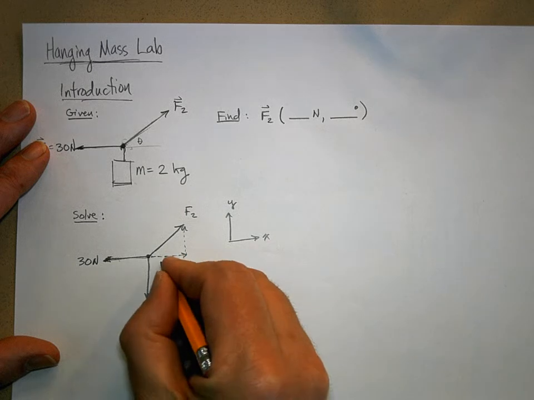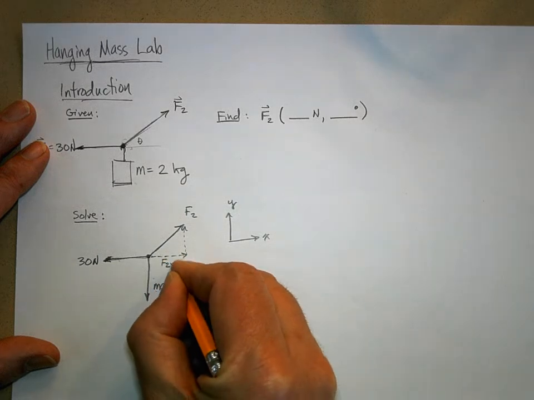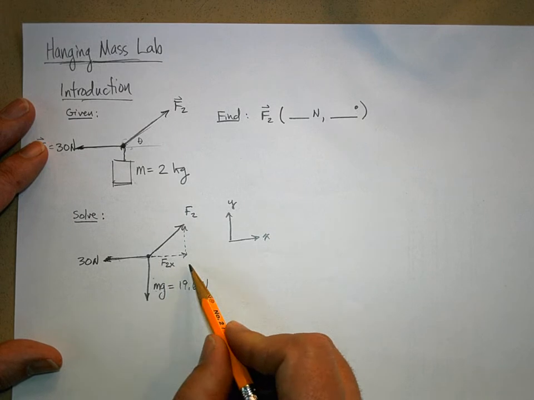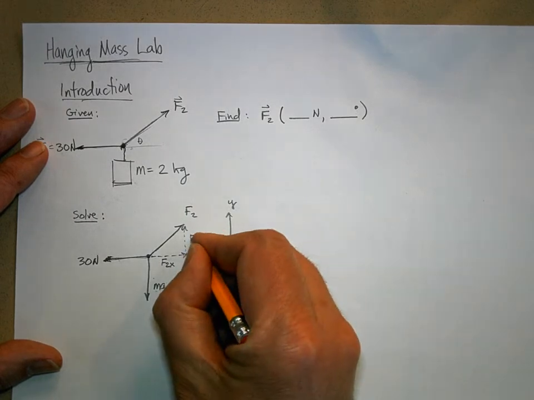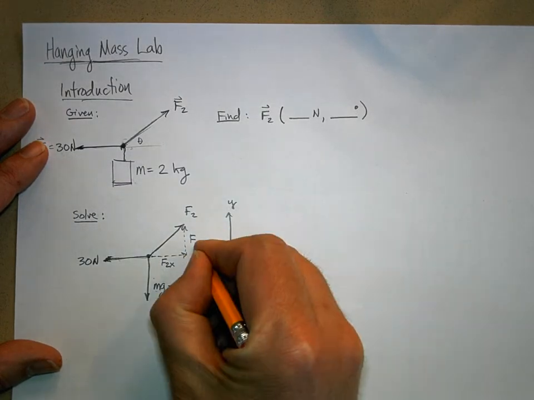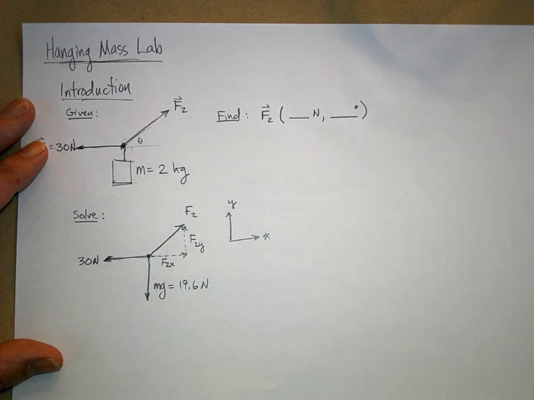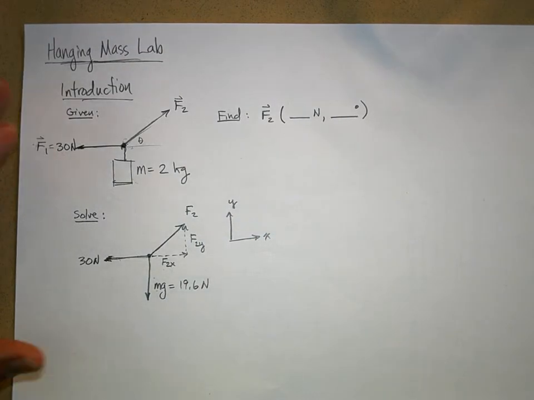So here's F2X. That is, this is F2 in the X direction. So what am I going to call this one? F2 in the Y direction. And I'm done with step 3.